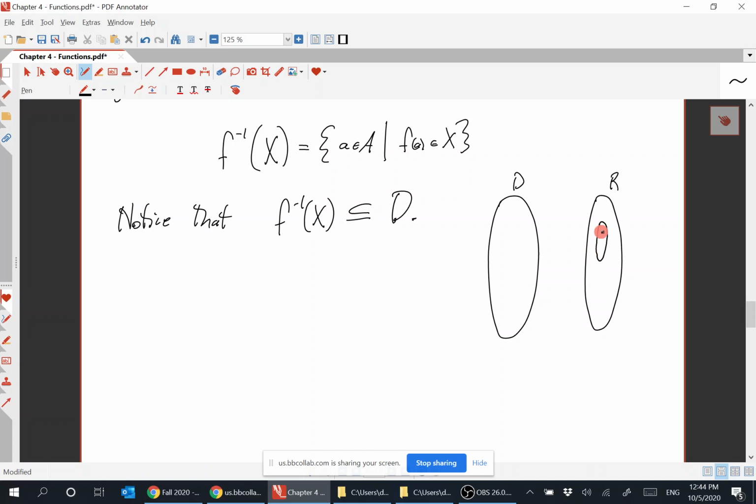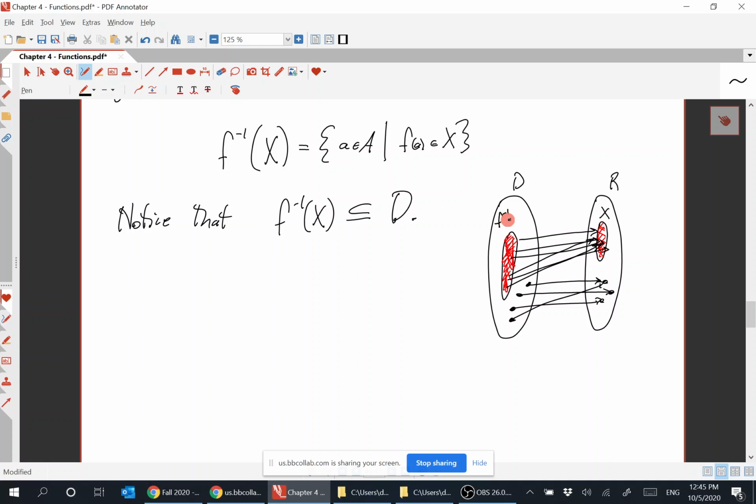And if this is X right here, then the pre-image is everything in the domain that goes to X. So all the arrows here go into X, and all the arrows outside here don't go into X. So that's X here.